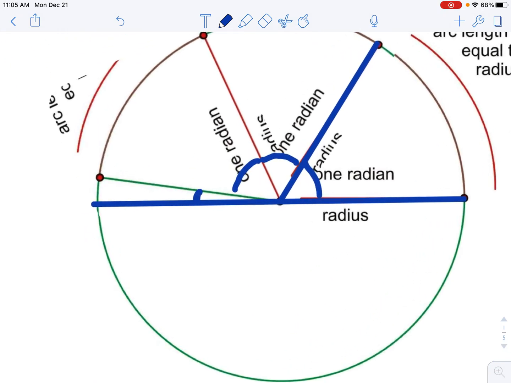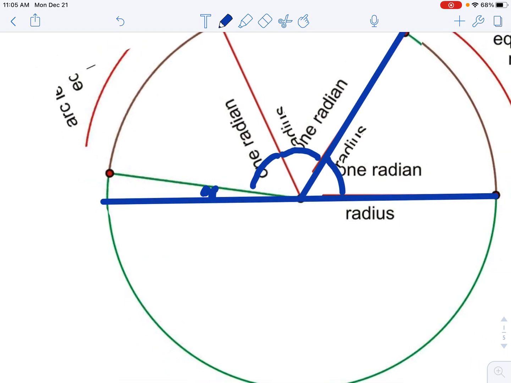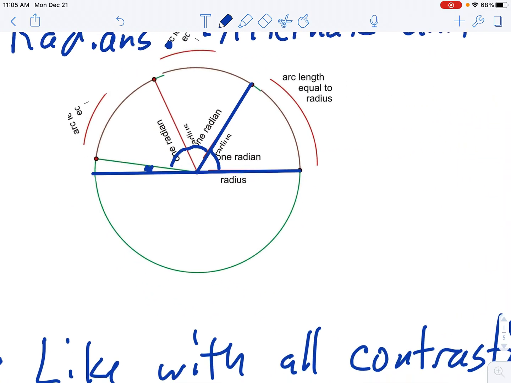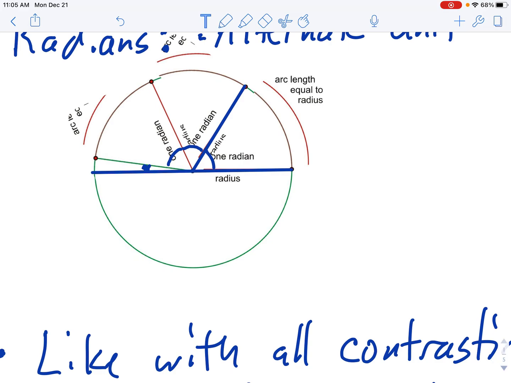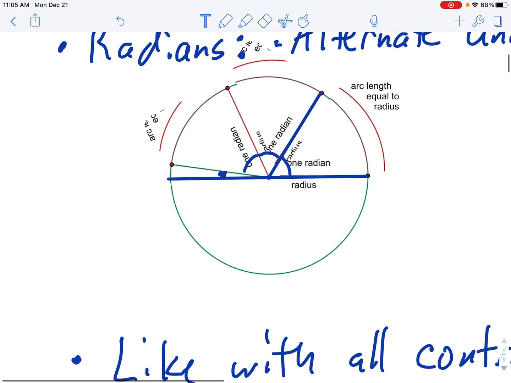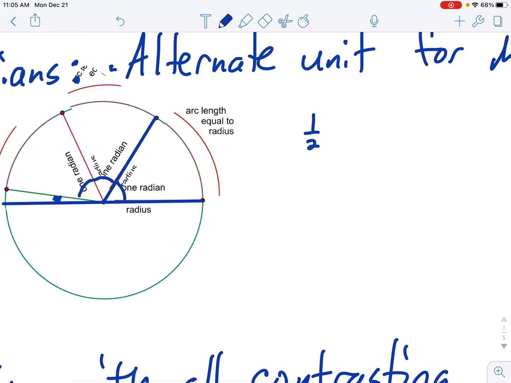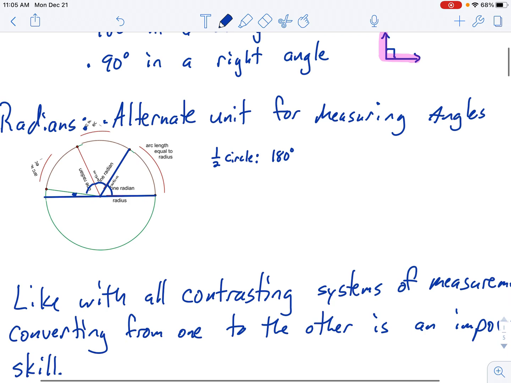The interesting part is that little bit left over. How much is left over? Well, here goes. So what we have is 1 half circle, which is 180 degrees, of course, is equivalent to 3 radians with a little bit left over. That little bit left over part is a decimal. It's approximately, I'm going to have to round off here, approximately 3.14.